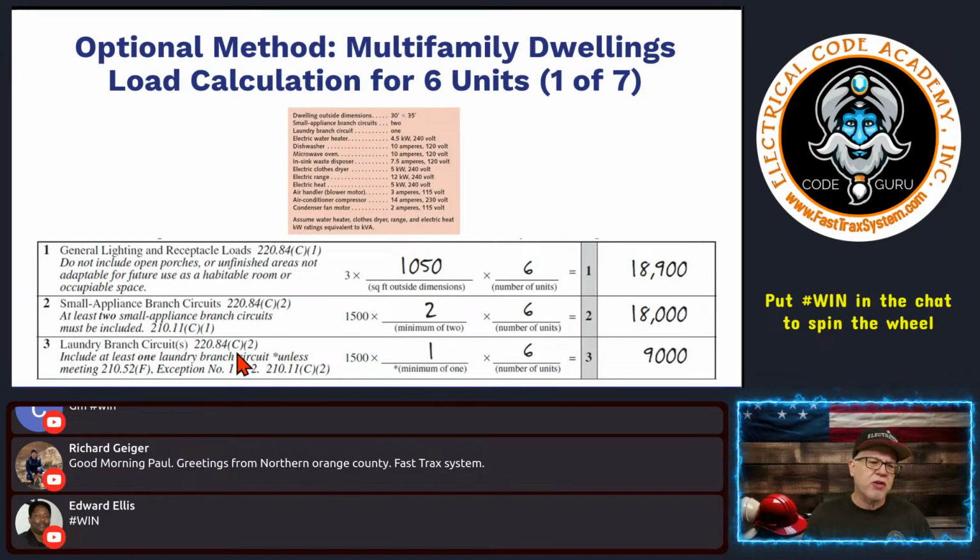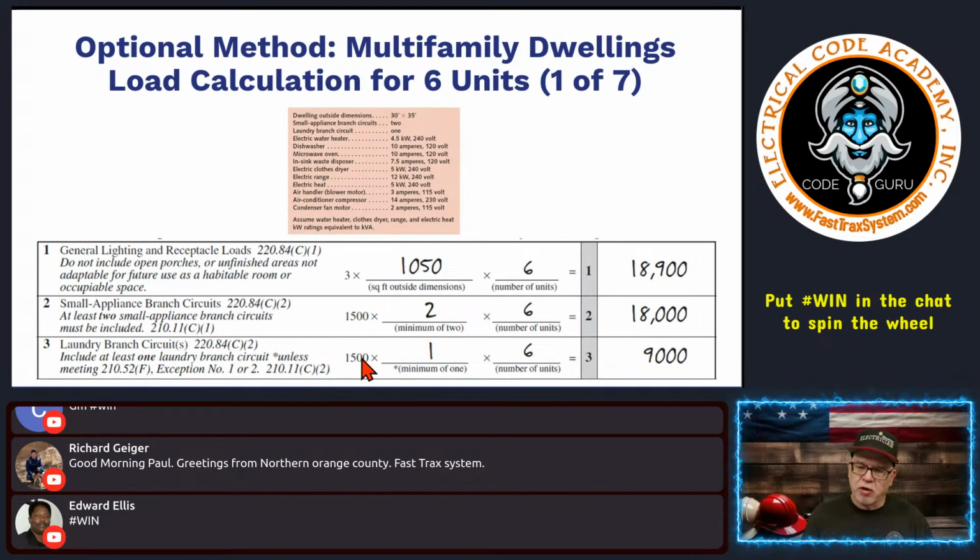Also, it does provide the code references on here, so while you're using the form, it makes you familiar with the different code references in case you want to drop back and read it and see exactly the verbiage. And I encourage you to do that. Go back and look. And when you're in the 2020 or the 2017, there's a different form because the rules of the code sections change a little bit. They got moved around a little bit. So again, they are updated depending on which code cycle you're in.